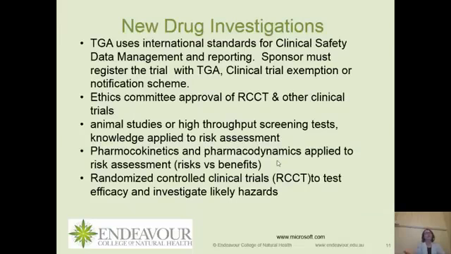So whether it's a complementary medicine or a Western pharmacy, all substances have to be investigated and then that information reported to the TGA. To do so, there will have to be some clinical trial data available on that substance, and there are certain regulations around the way that those clinical trials have to be conducted.